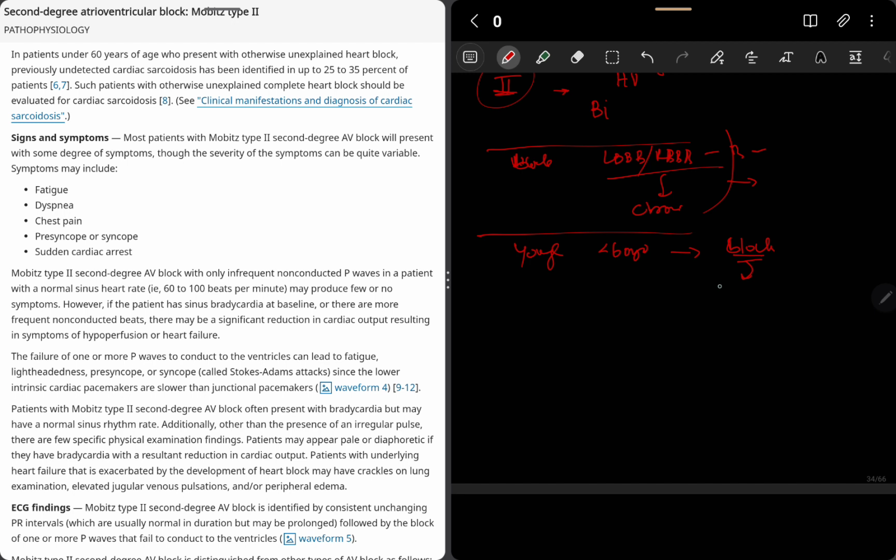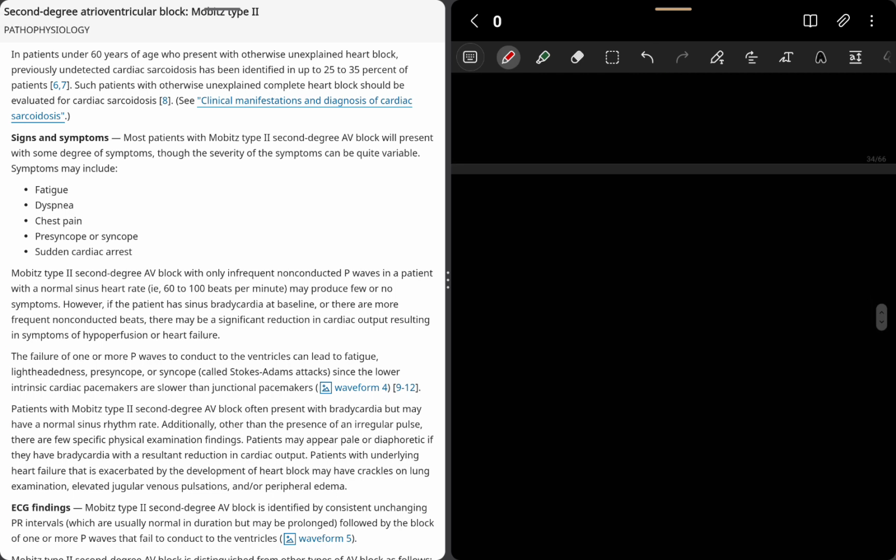What is the possible etiology? He might be having cardiomyopathy in the form of either amyloidosis or sarcoidosis, and sarcoidosis has been found in 25 to 30% of the patients. Thus, such young patients with unexplained complete heart block should be evaluated for cardiac sarcoidosis.